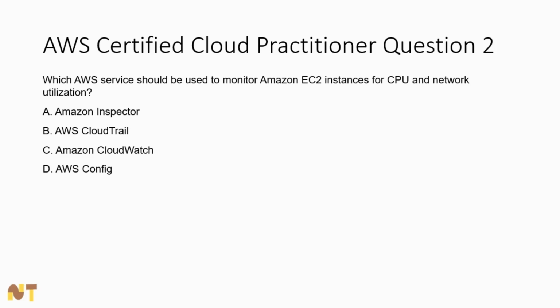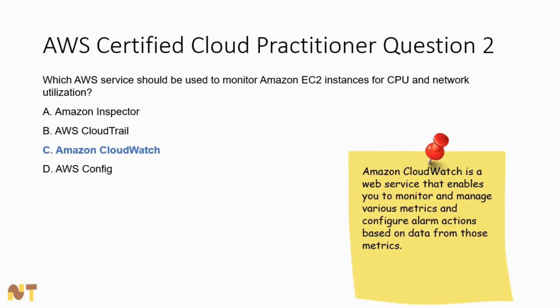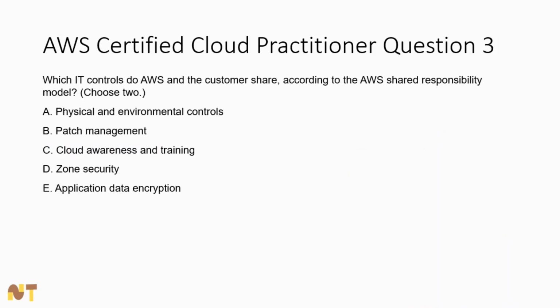Now, AWS services send metrics to CloudWatch, and then CloudWatch uses these metrics to create graphs automatically to show how the performance has changed over time. So, CloudWatch can be used to monitor Amazon EC2 metrics for CPU and network utilization. The correct answer is C. Amazon CloudWatch. Moving on to the next question.